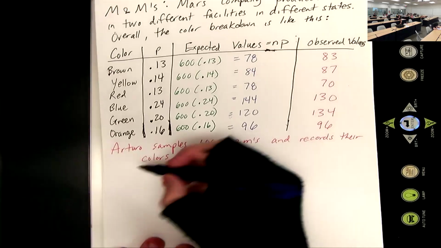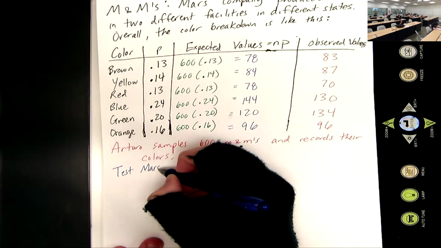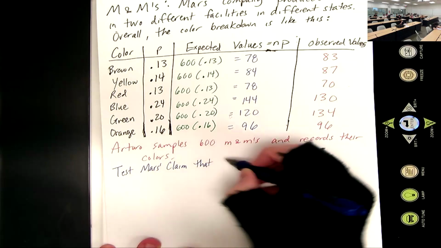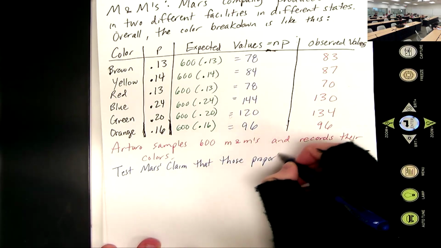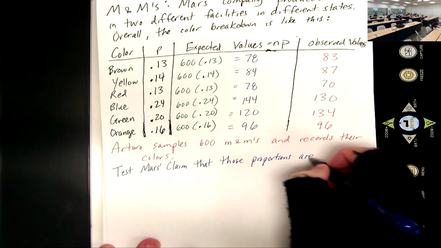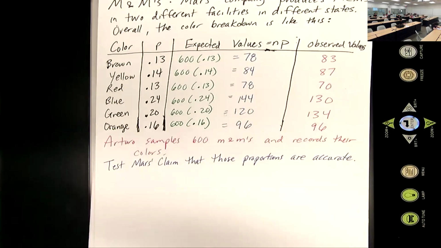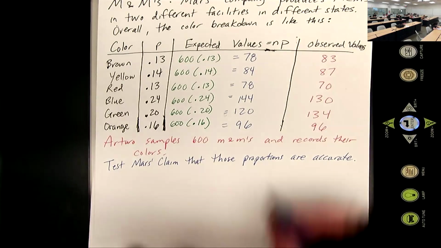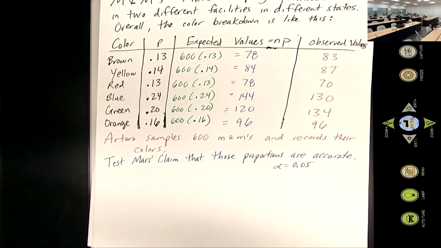So our hypothesis test is going to test Mars's claim that those are the proportions. And we'll do it at alpha equals 0.05 level of significance.